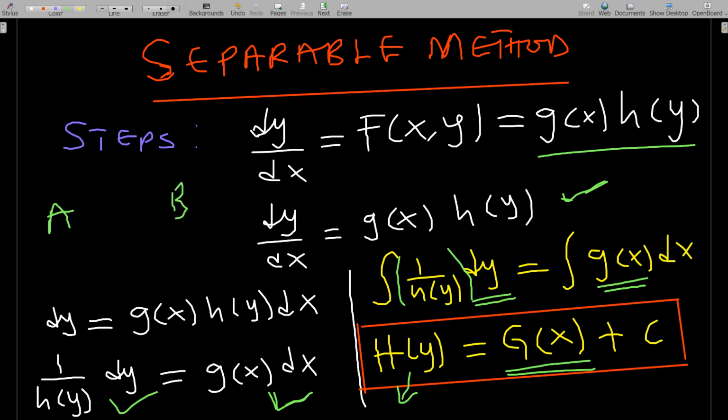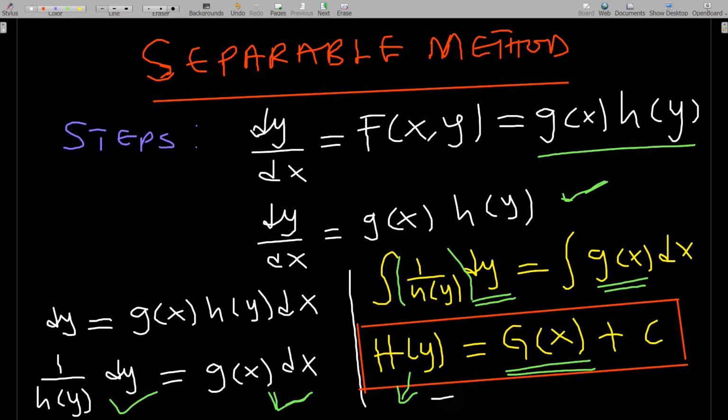If I make H of y the subject, I will send a to the right side of the equation, so I'll get the constant b minus a. This whole b minus a is what we've written as c. At the end, b minus a is still a constant. If they are the same, then we get 0. If they are not the same, then we get another constant, let's say c. I hope you get this.